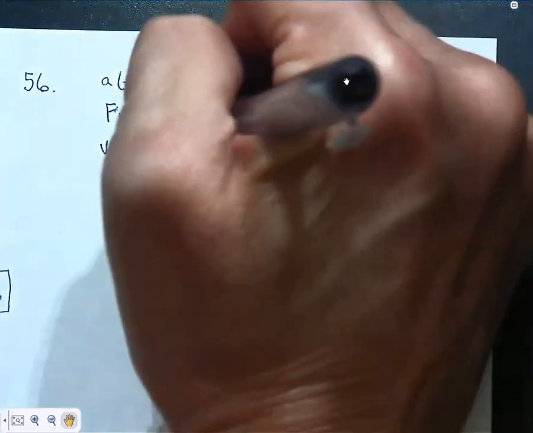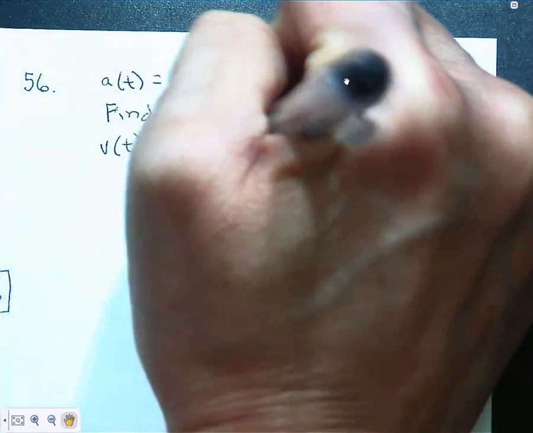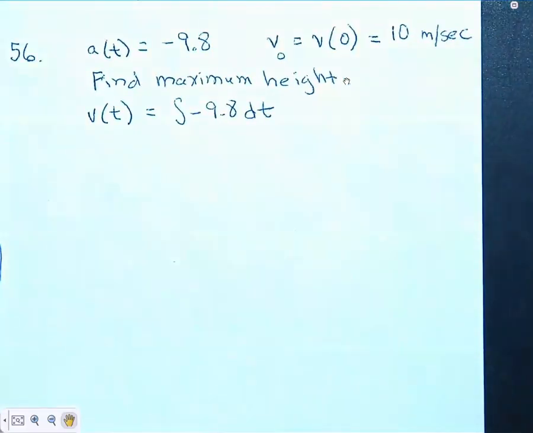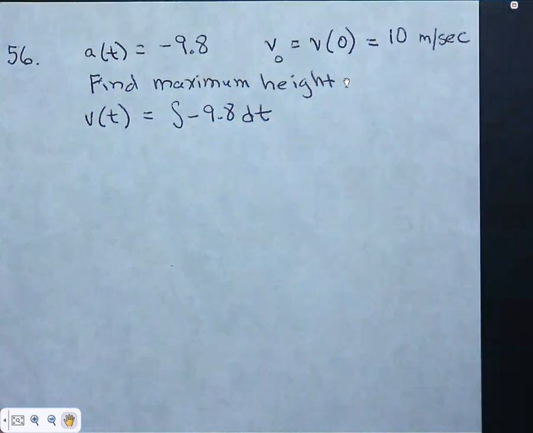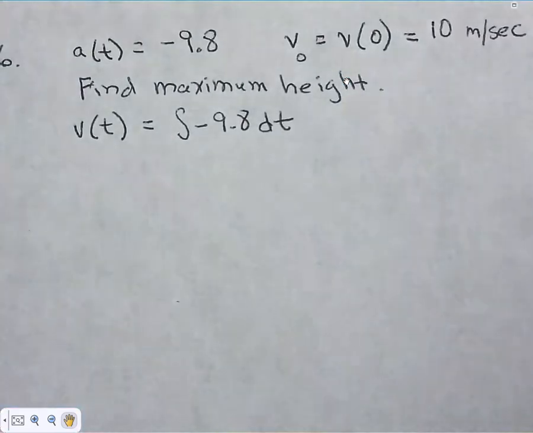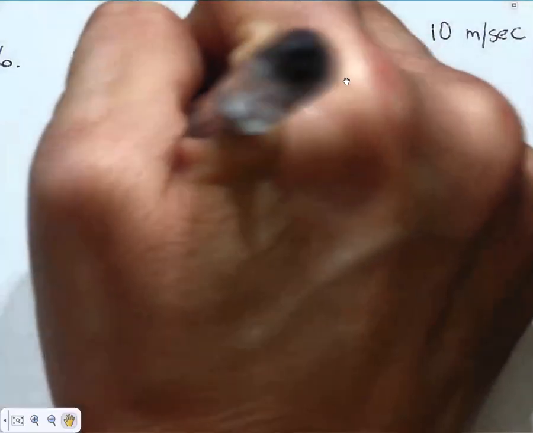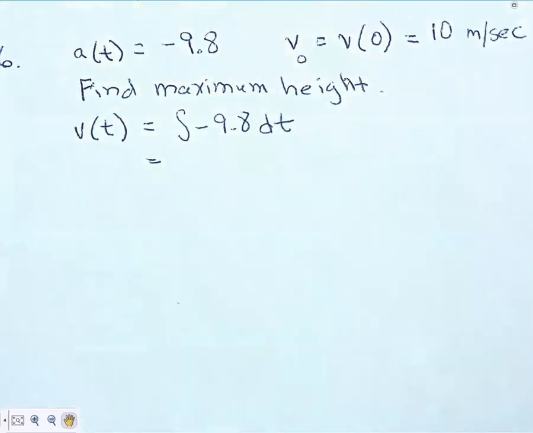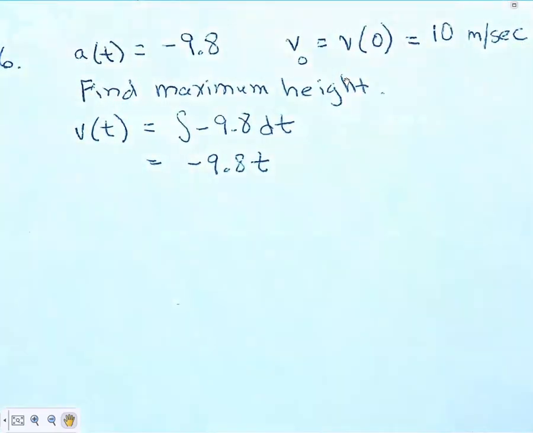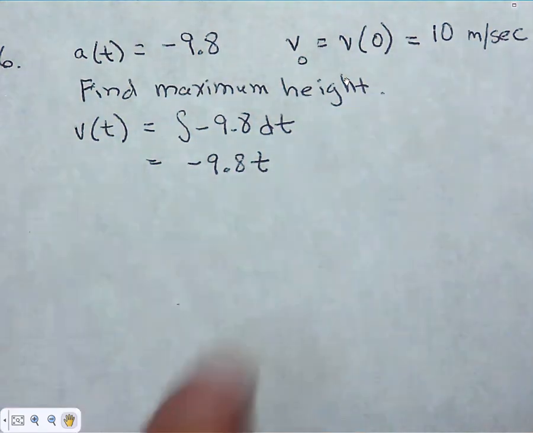So to find the velocity function, I would anti-differentiate the acceleration function with respect to time. And so what is that velocity function? Negative 9.8 t plus the initial velocity, which I know to be 10.